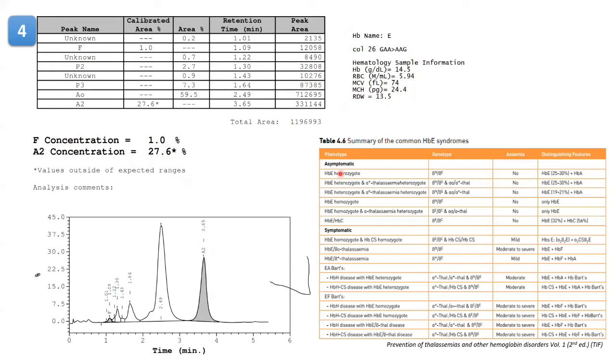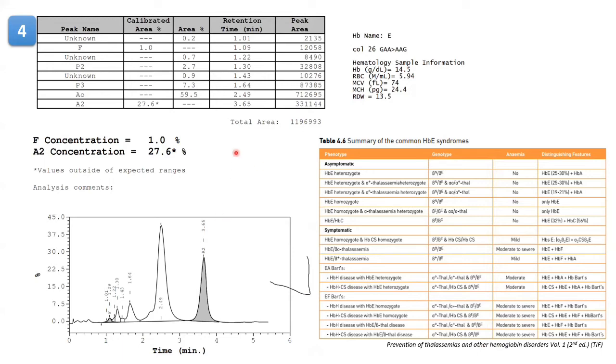This is just a table denoting that most of the heterozygotes or homozygotes for hemoglobin E are asymptomatic. They usually have no anemia or mild anemia, whereas hemoglobin E becomes significant whenever it is present in compound heterozygous states along with other variants, whether beta thalassemia or alpha thalassemia like HbH disease heterozygous with hemoglobin E. That's when they start developing anemia.